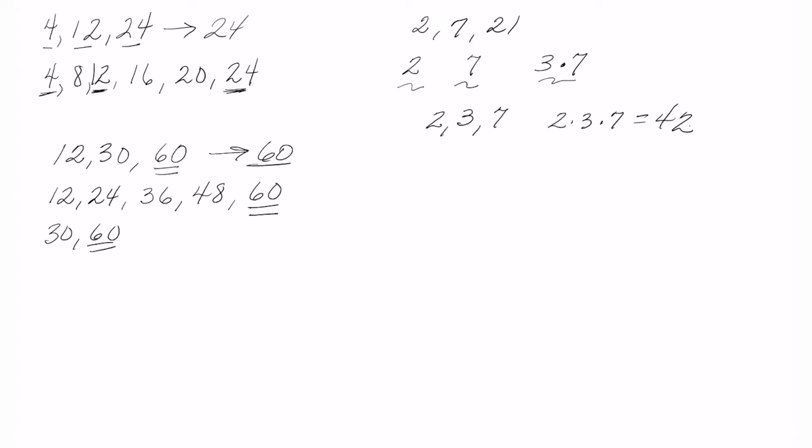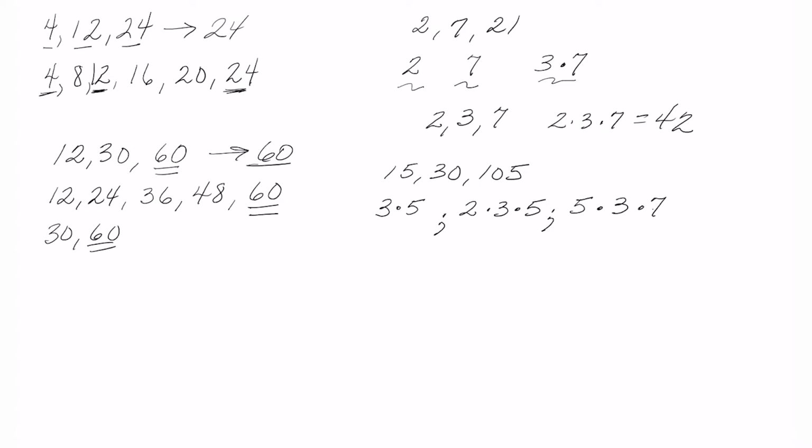So let's try 15, 30, and 105. If we factor this, for 15 we have 3 times 5. For 30, we have 2 times 3 times 5, and for 105 we have 5 times 3 times 7.